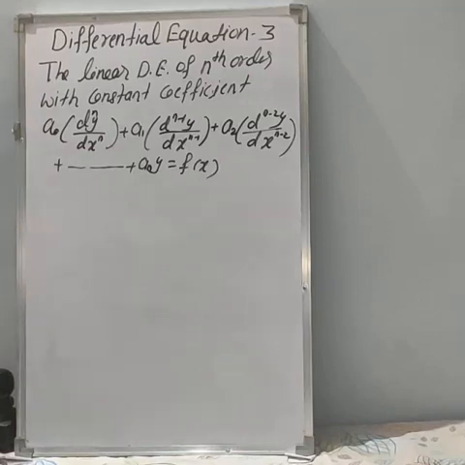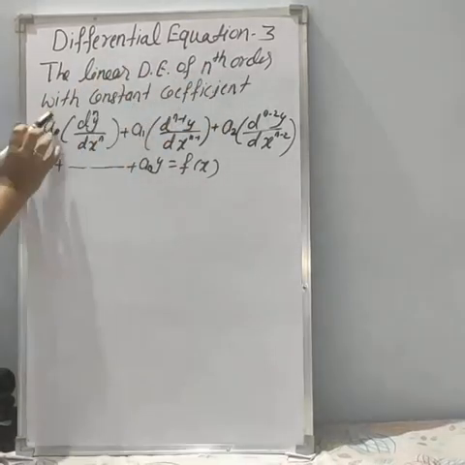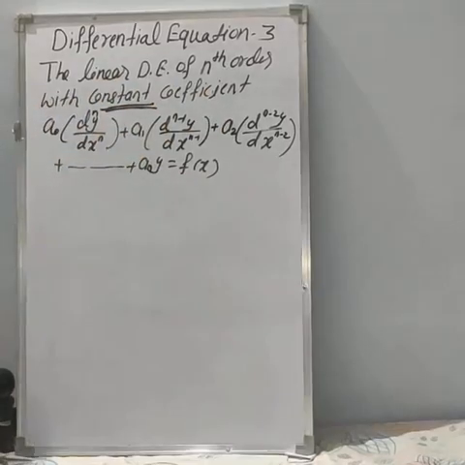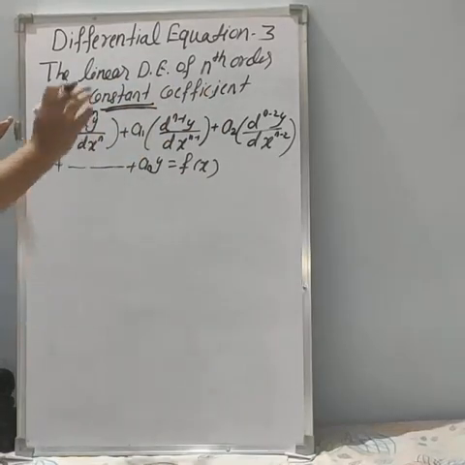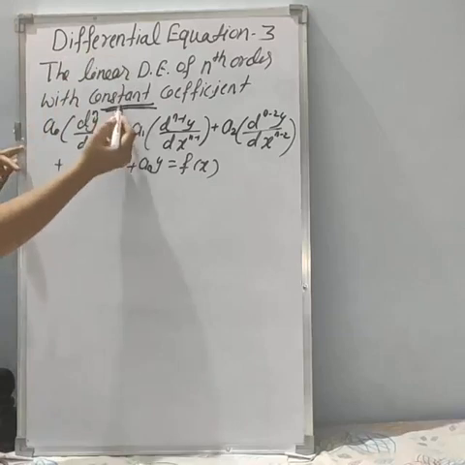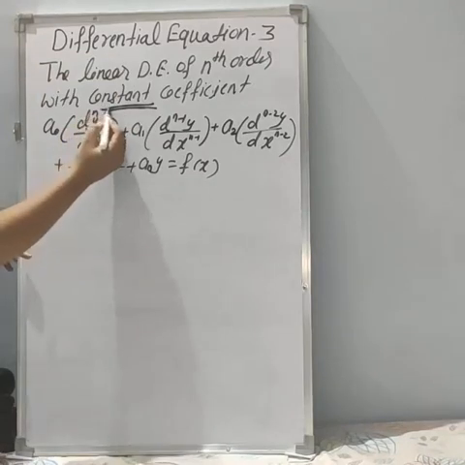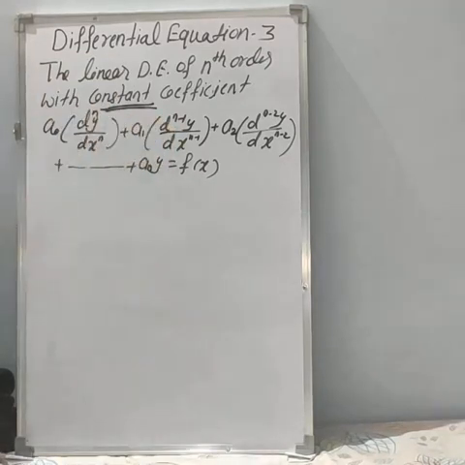Here the first concept is the linear differential equation of nth order with constant coefficient. The difference between differential equation 3 and 4 is that in this unit we will study with constant coefficient, and in differential equation 4 we will study with variable coefficient.